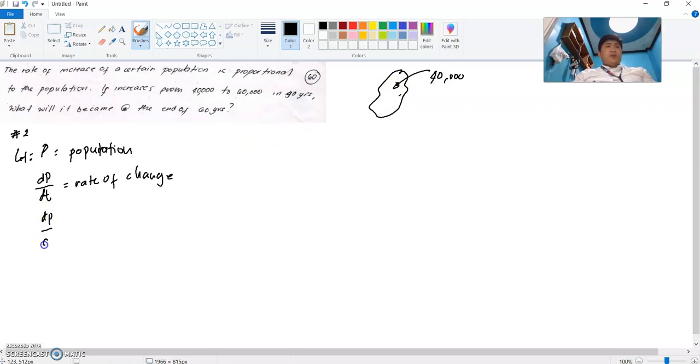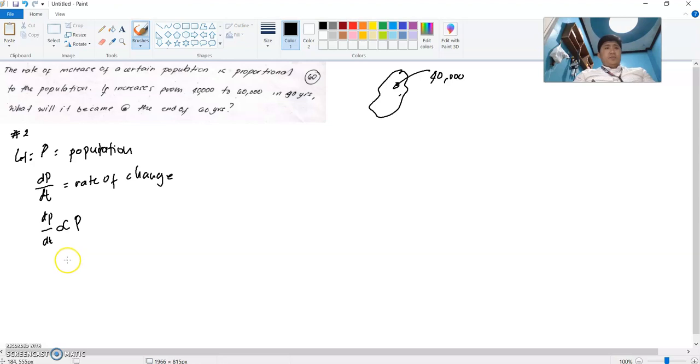So dp over dt is proportional. If you can still remember, in our geometric application we also had an example of proportionality. It says here that it is proportional to the population.